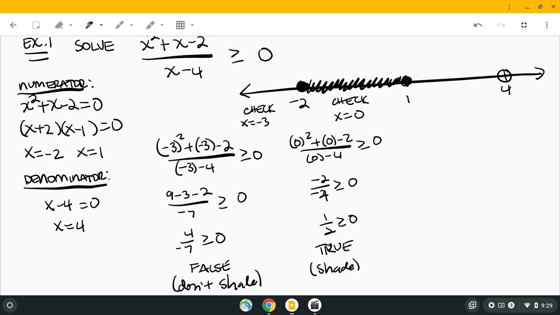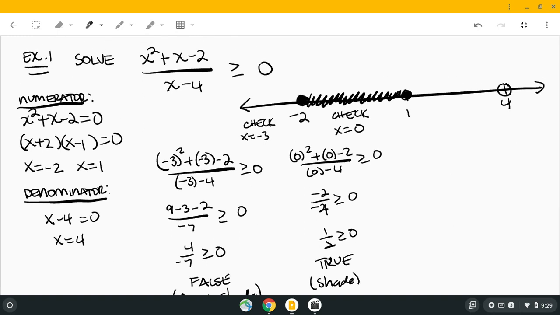Okay. All right, let's check this region. So I like 2. Again, I like small numbers, so 2. 2 squared plus 2 minus 2 all over 2 minus 4.